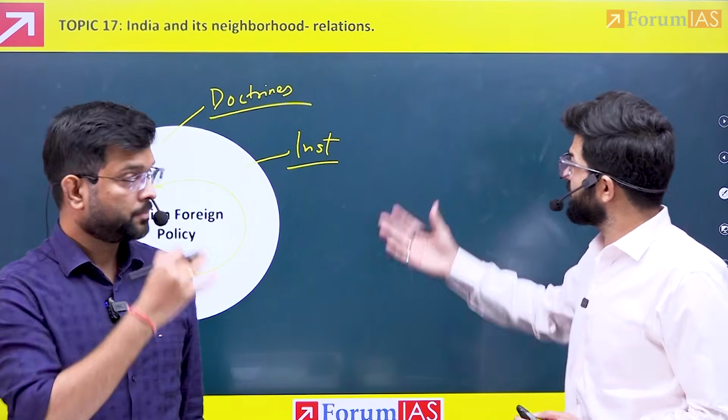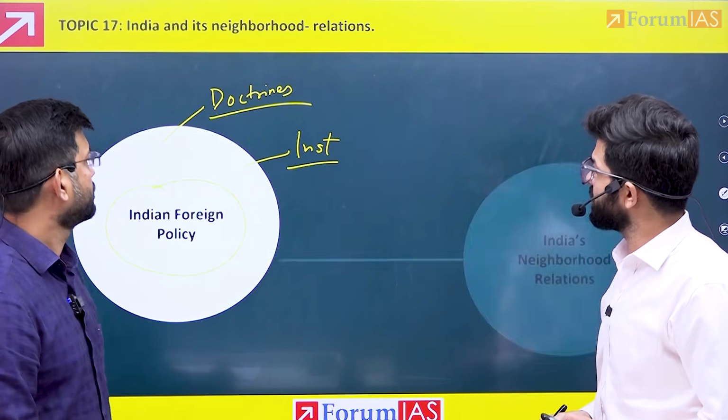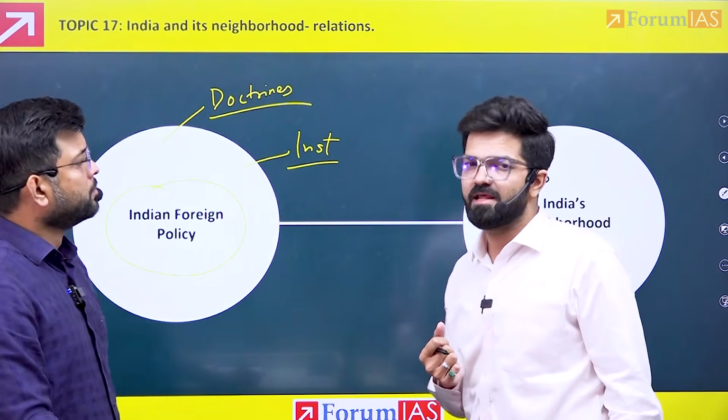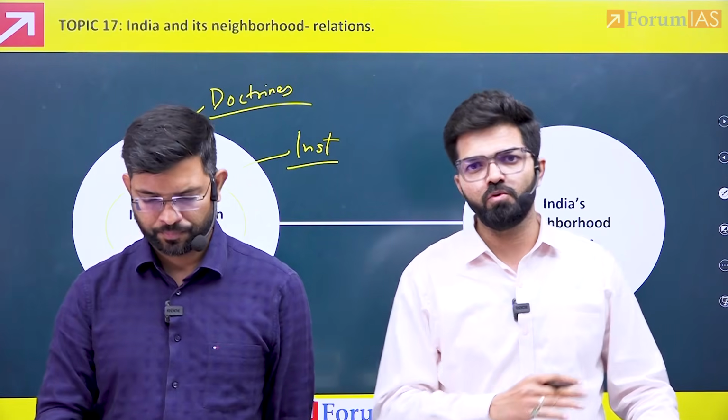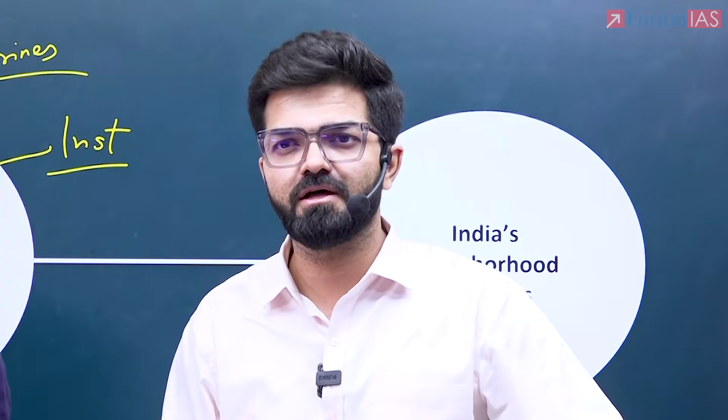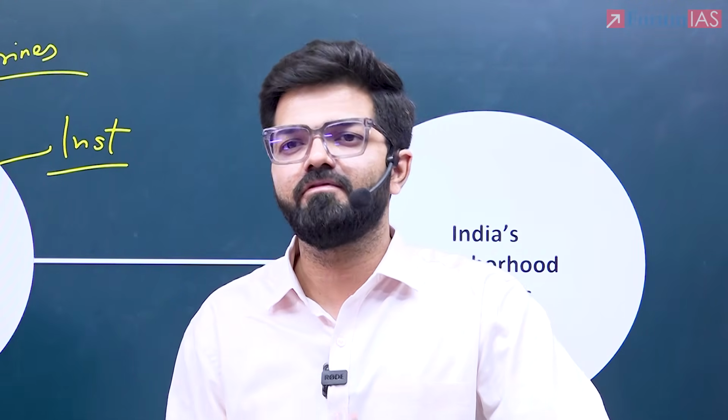Now, the next topic, as explicitly mentioned in the first topic itself, is India's neighborhood relations. We know who the neighbors are: China, Nepal, Bhutan, Bangladesh, Sri Lanka, Maldives, Afghanistan, Pakistan.